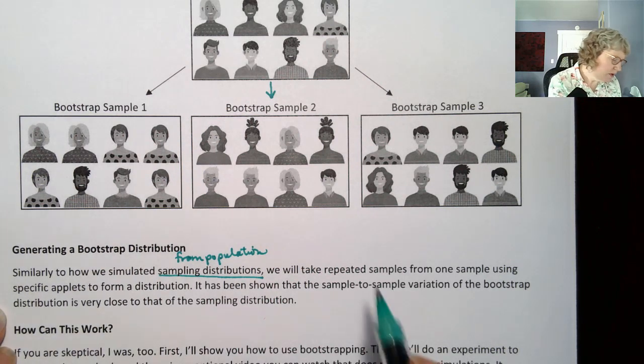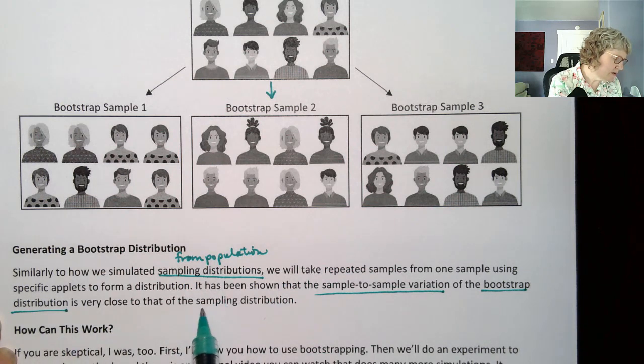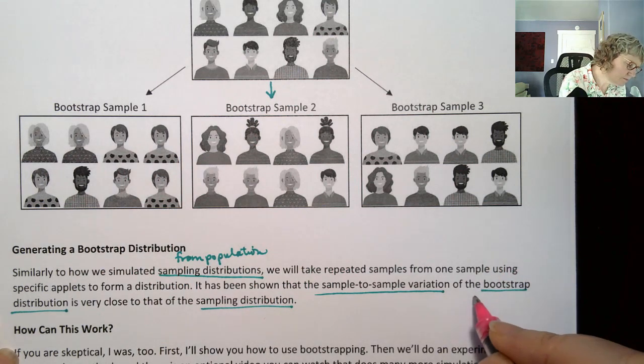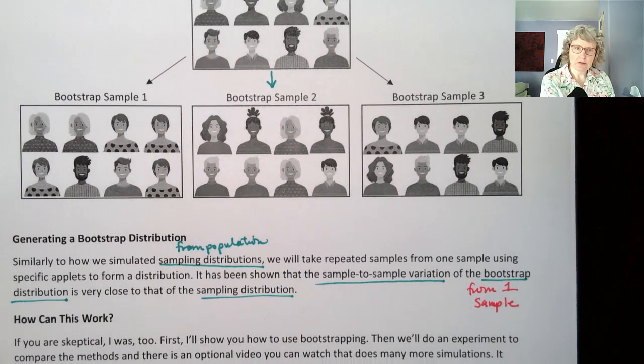It's been shown that the sample-to-sample variation of the Bootstrap distribution is very close to that of the sampling distribution. The Bootstrap distribution is from one sample, versus the sampling distribution is from the population.